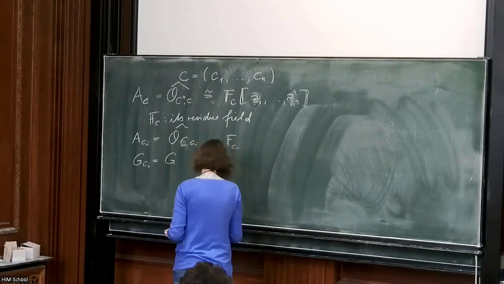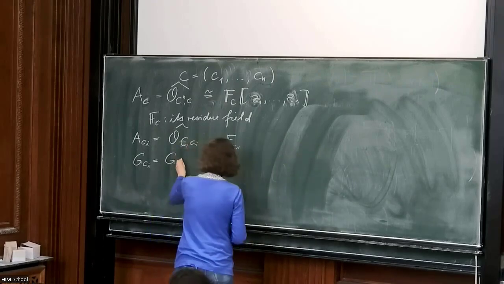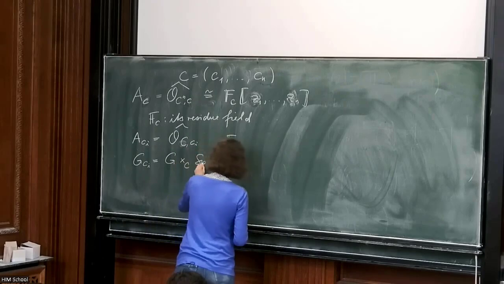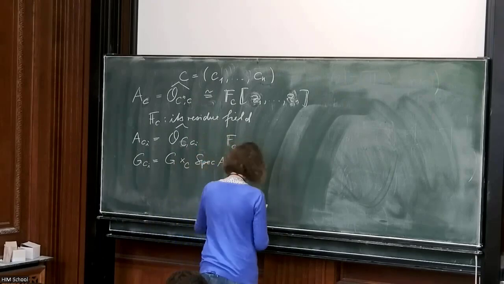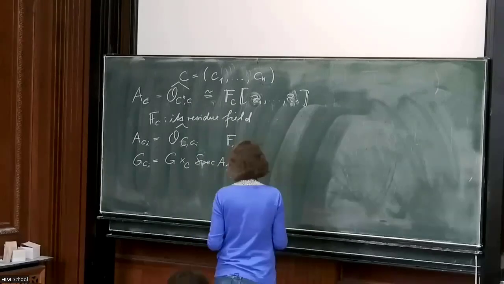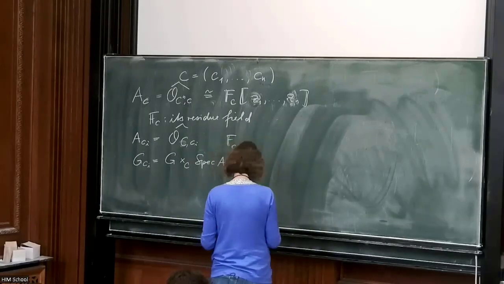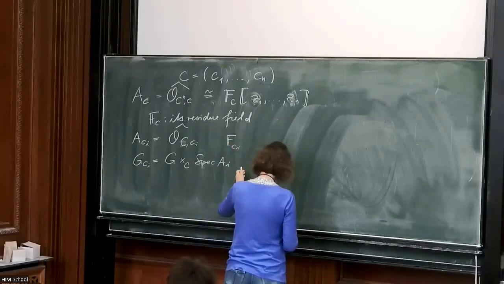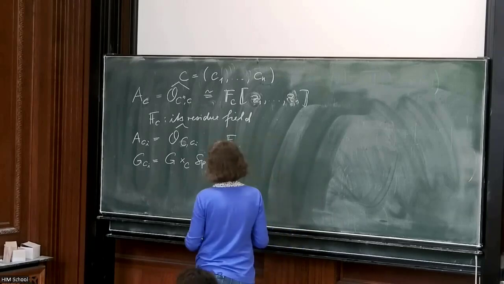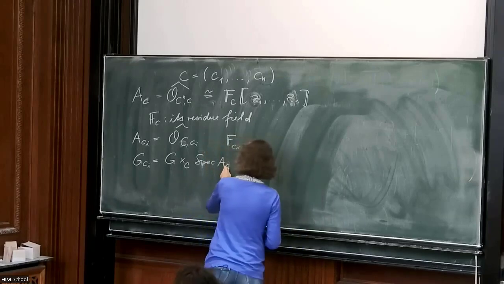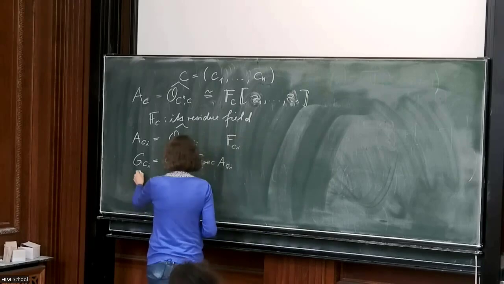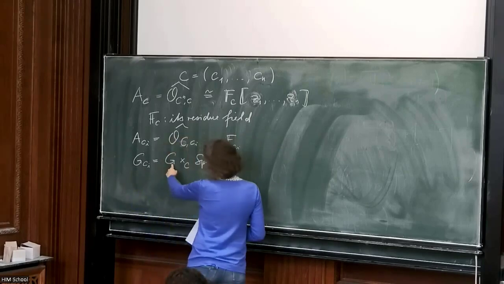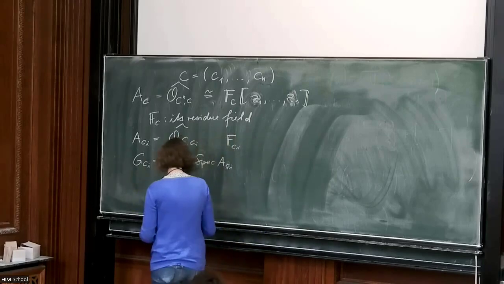And you can also take this base change to spec AI. And this is then a reductive group over ACI, and again constant, just the base change of the original one that we started with.